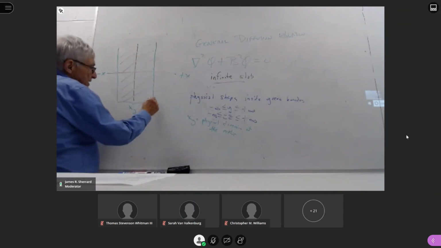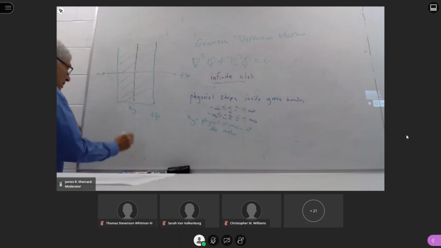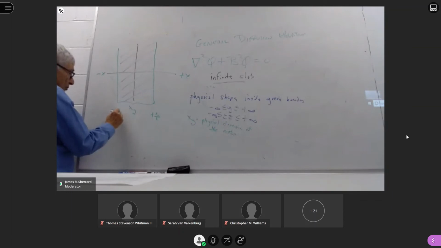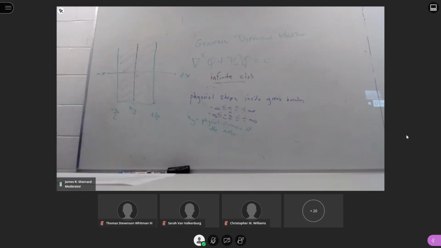And I particularly notice this point, which is plus x sub g over 2. This other side is minus x sub g over 2. This is your origin, which is 0.